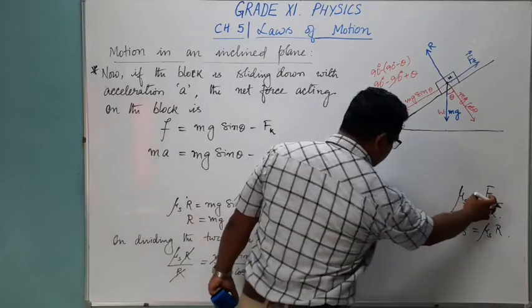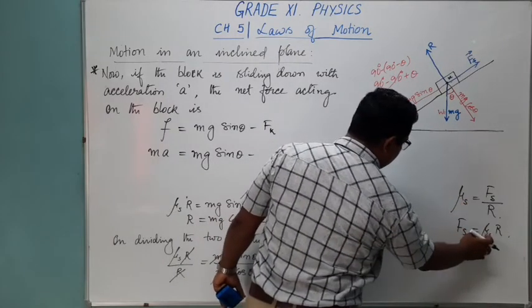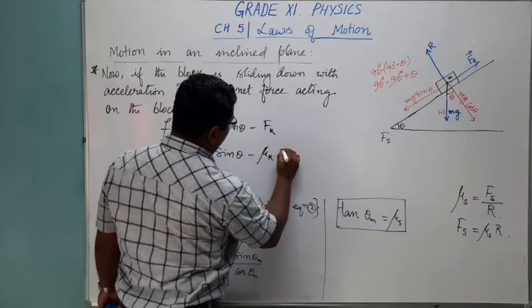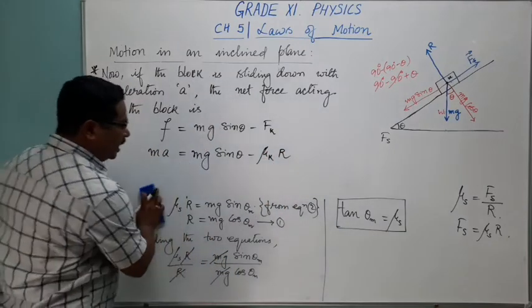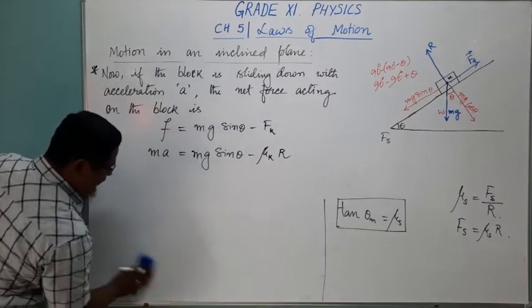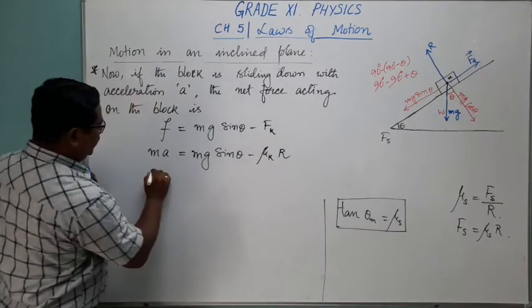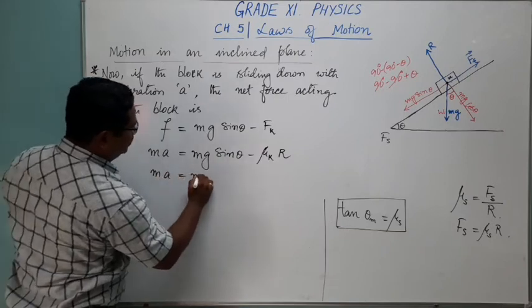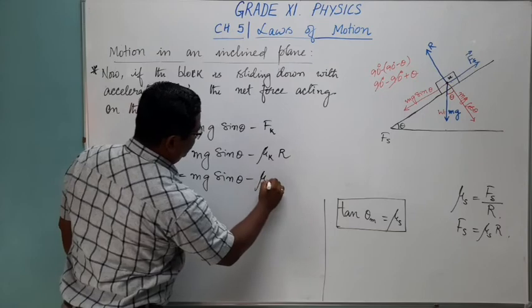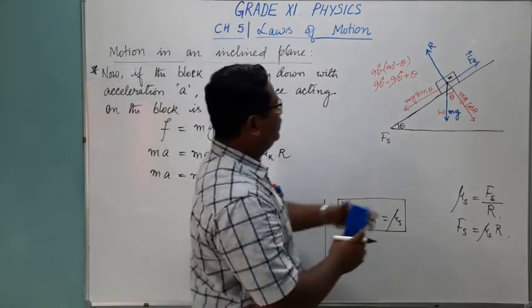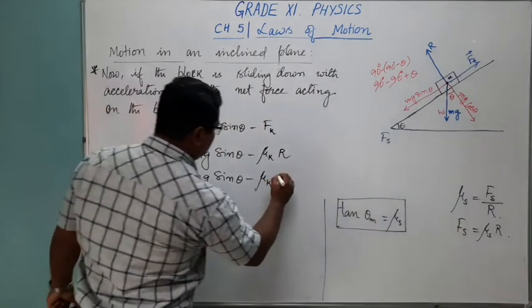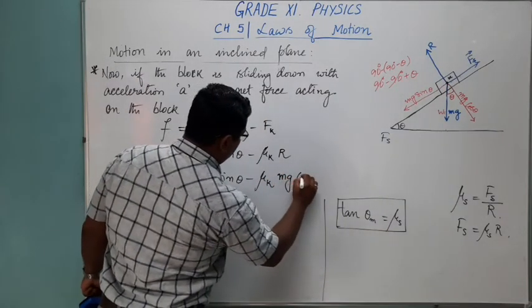If you do like this, force of kinetic friction here, then it is mu k into R. This is mu k into R. And what R is also you know already. Look at the diagram. ma is equal to mg sin theta minus mu k R. The normal reaction is equal to mg cos theta. This is mg cos theta.